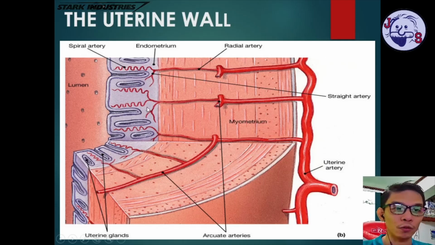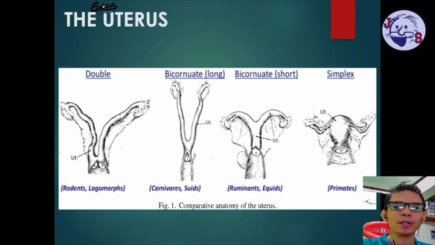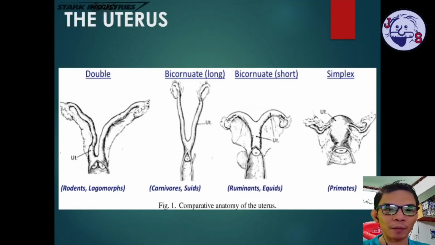Okay, so those are the menstrual discharge. Now the uterus of different animals differs from one animal to another depending on how many offspring it can produce.